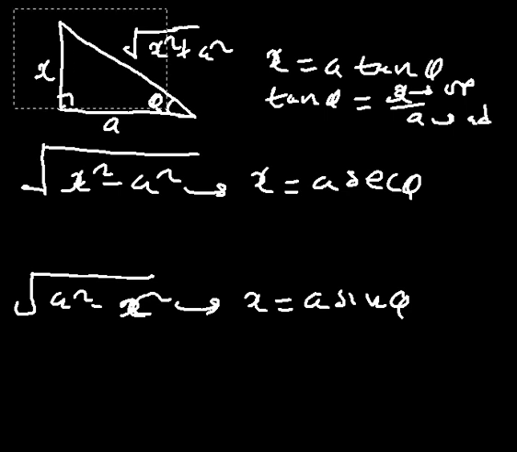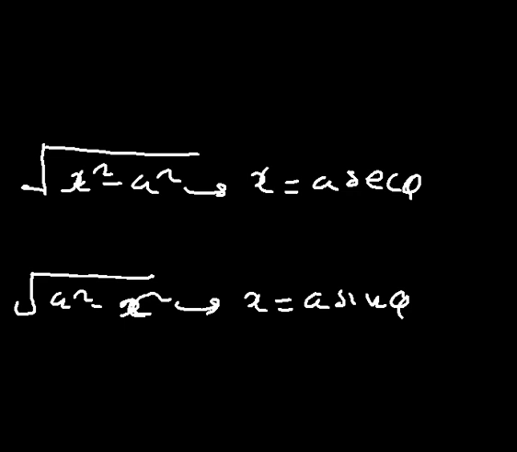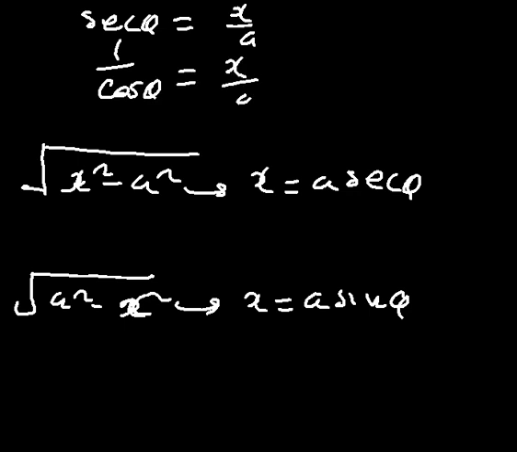Likewise, for the other case, having x is equal to a times sec theta is the same as sec theta is equal to x over a. But what is sec theta? Sec theta is the same as 1 over cos theta, which is the same as x over a.